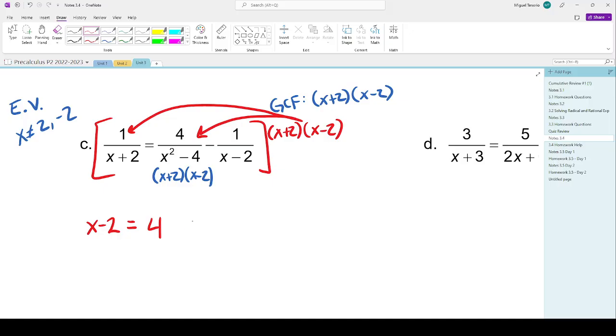Now be careful here because I do have a minus in between, so I got to make sure I keep that negative with the 1 times, well again, the x minus 2 reduces when we distribute this in, so the only thing left over is the x plus 2. So when you do distribute this, you want to make sure you distribute the negative. X minus 2 equals 4 minus x minus 2.